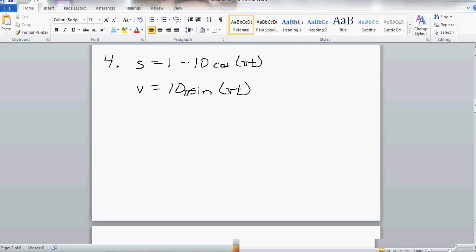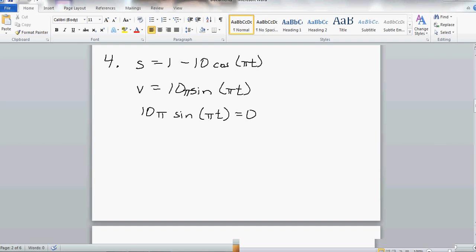Now what we're trying to do is find where this is at its maximum. Where within the first 4 seconds, from 0 to 4, is what we're worried about. That's where the 4 seconds comes into play. So what we need to do is find out what the cutoff points are, I guess. 10 pi sine pi t is equal to 0.